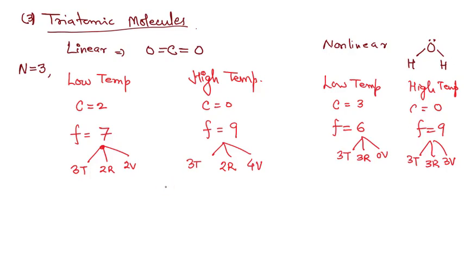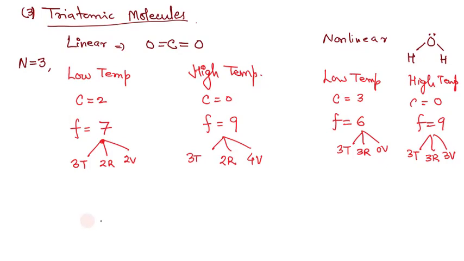Then you can write the average energy of this molecule as the translational degrees multiplied by half kBT, because equipartition of energy tells you that the total average kinetic energy is 3/2 kBT, and for each degree of freedom you have this half kBT distribution.